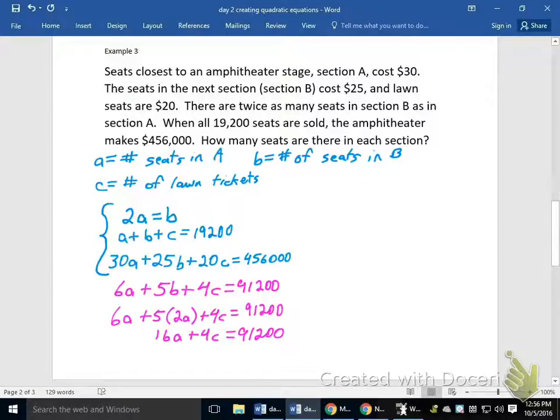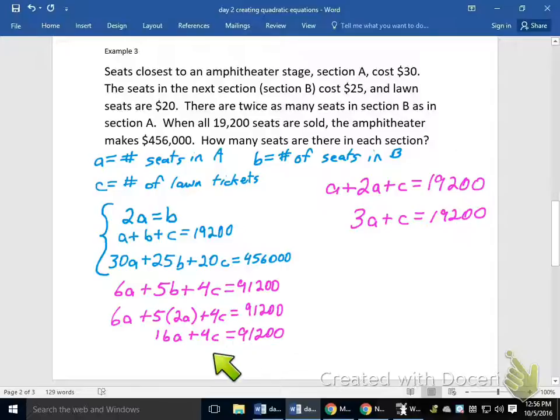Now I'm going to replace B yet again, but on this other equation, since I can. So I'll have A plus 2A plus C equals 19,200. And A plus 2A is 3A. Now I'm going to work with these two equations, seeing what I can cancel.